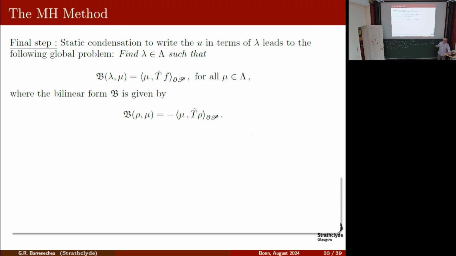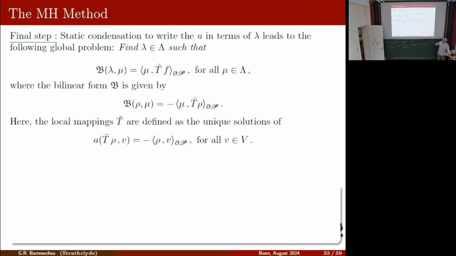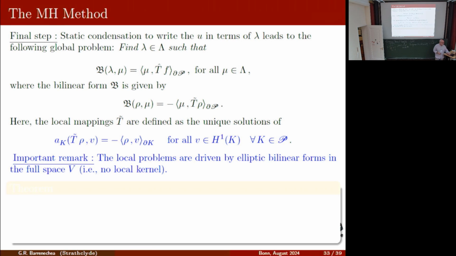And this is given by essentially the same expression as before, with a slightly different t. It's not t anymore, it's this t twiddle that is defined in this way, but this bilinear form here is elliptic. So I don't need to impose zero mean value on the test functions and the unknowns, so this is a problem with a Robin boundary condition.